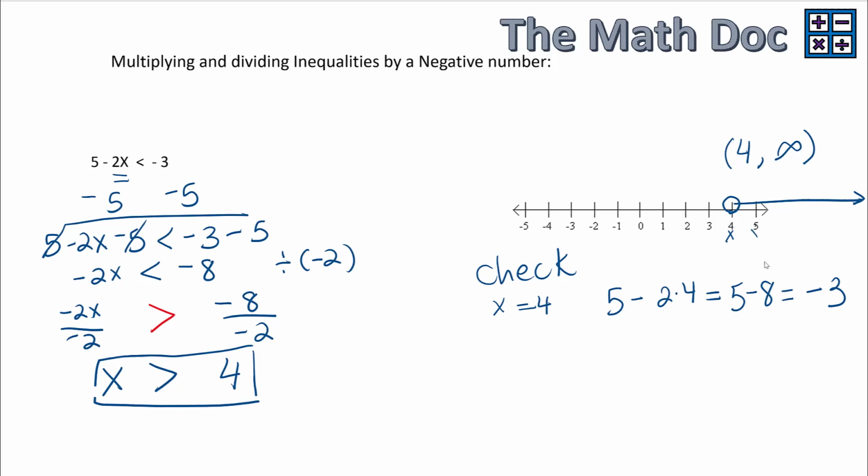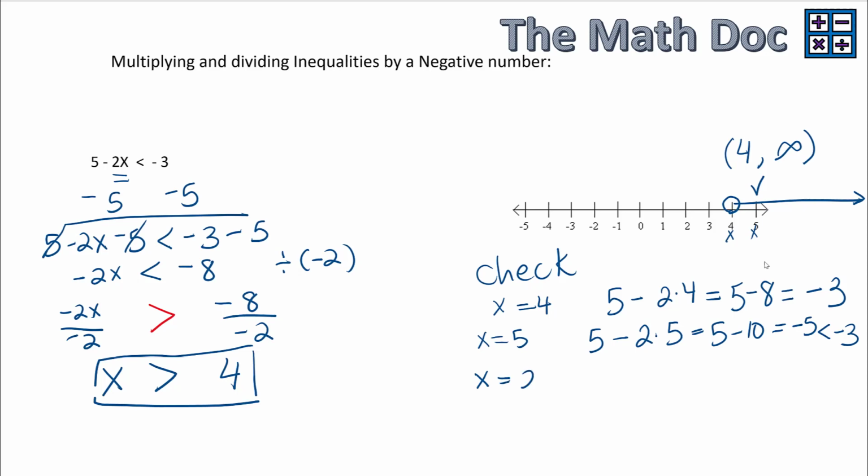Let's look at a larger number, x equals 5. We have now 5 minus 2 times 5, which is just equal to 5 minus 10, which is equal to minus 5, which is less than negative 3. So for 5, we do satisfy this inequality. Let's look at a couple of numbers on the other side here.